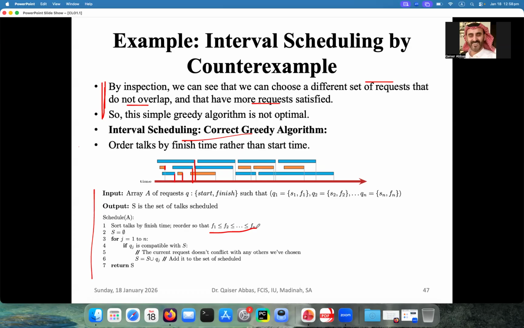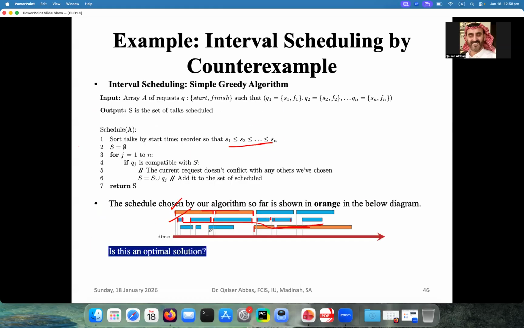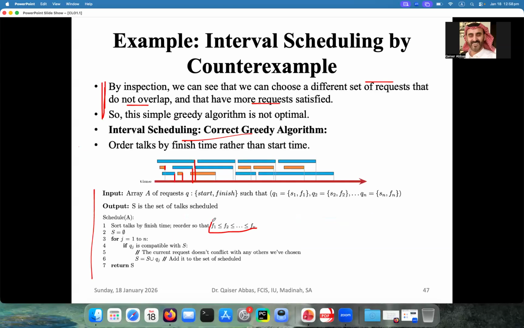In the previous algorithm, we were checking starting time. Let's see first and then everything will be clear. That is the only difference here. In the previous algorithm, we were going with the starting time. And here we are going with the finishing time. That is the only difference.